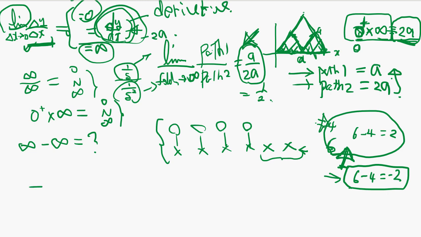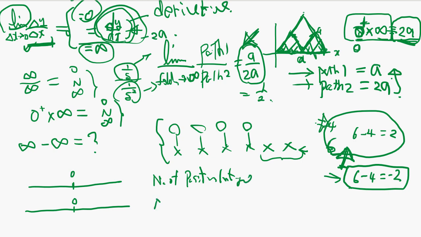For example, you take the number line, 0. I want you to compare the number of positive integers and the number of integers.